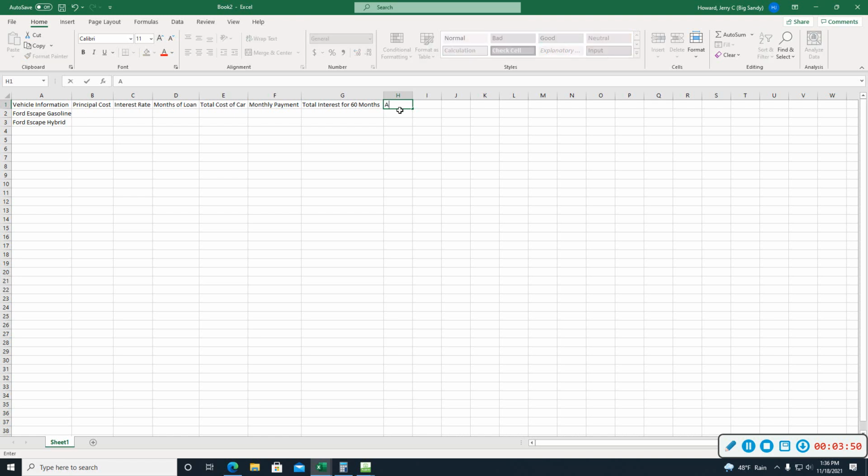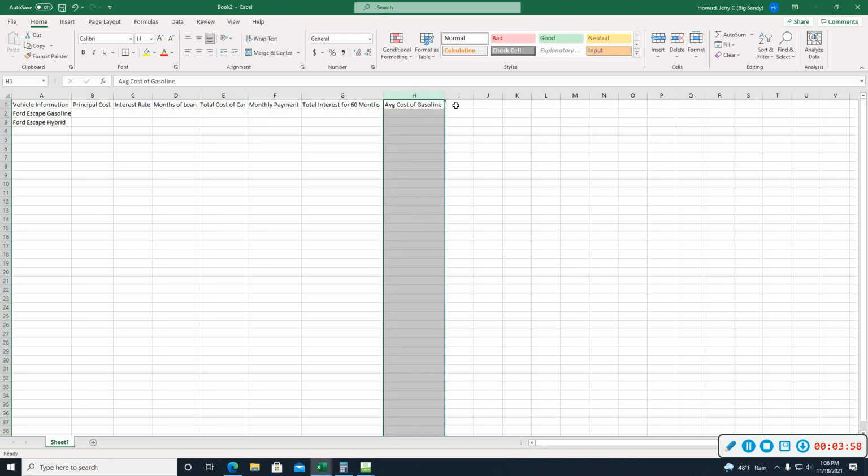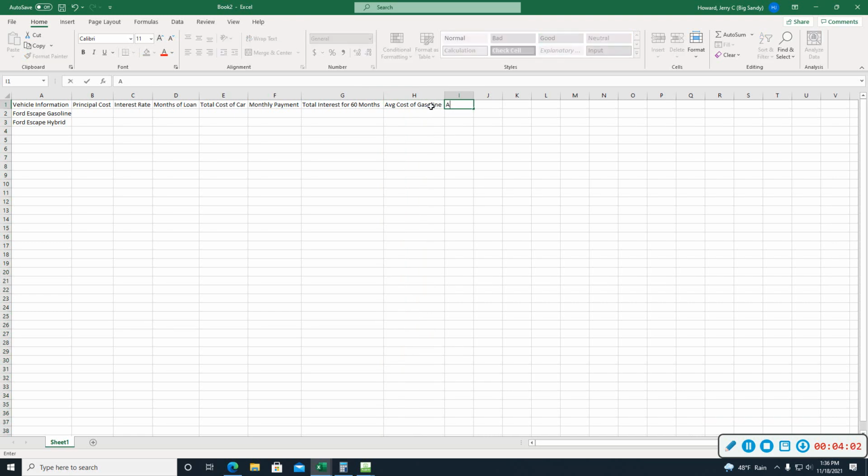Average cost of gasoline. Average miles. I'll just put MPG. Everybody pretty much knows what MPG stands for, miles per gallon.